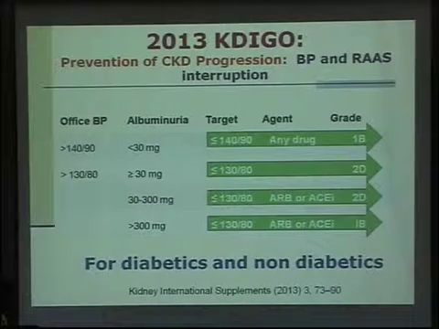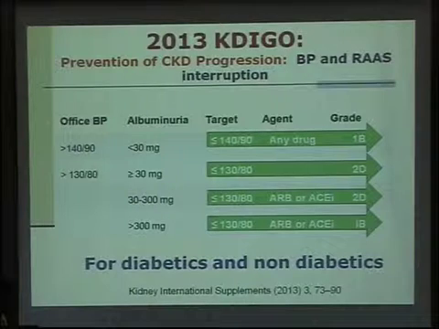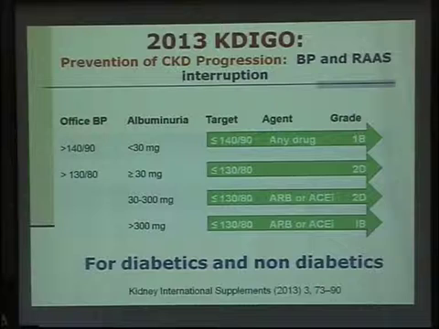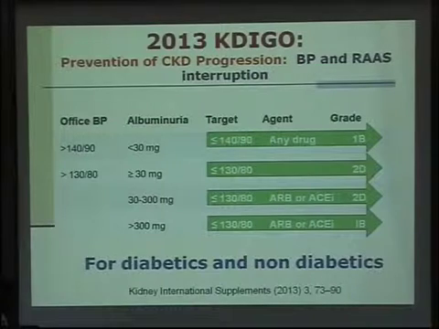So this is a map for management of hypertension in chronic kidney disease, either your patient is diabetic or non-diabetic. Because before this modification, the guidelines gave separate recommendations for diabetics and another for non-diabetics.